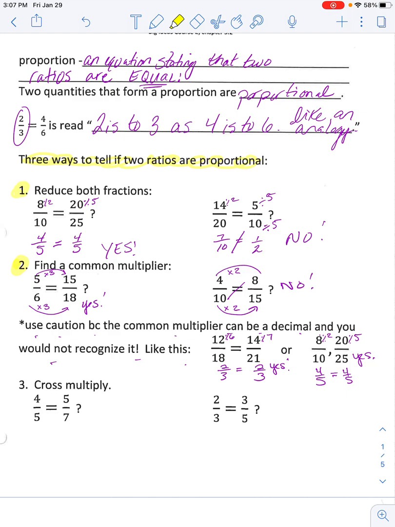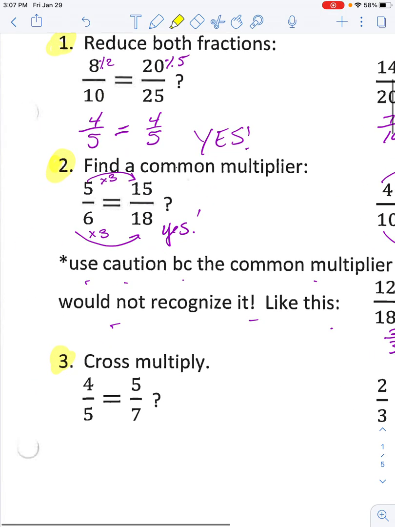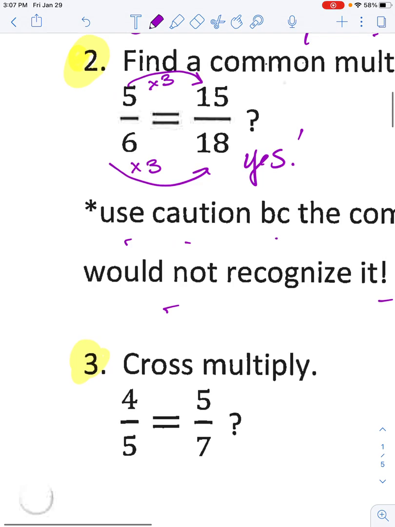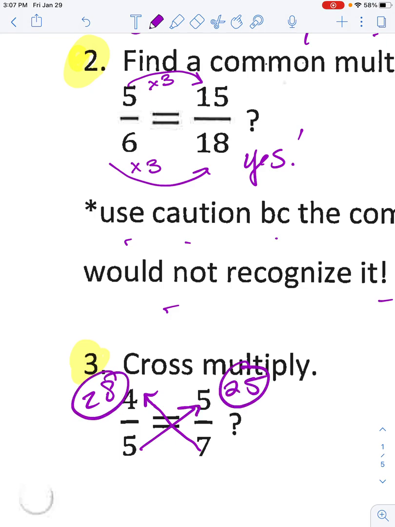If you're going to reduce them, if you're going to use a common multiplier, or the third way is to use cross products, okay, cross multiplication. So if you can't use a common multiplier, no clue there. If the fractions are already in simplest form, you can use cross products. 7 times 4, 28. 5 times 5, 25.